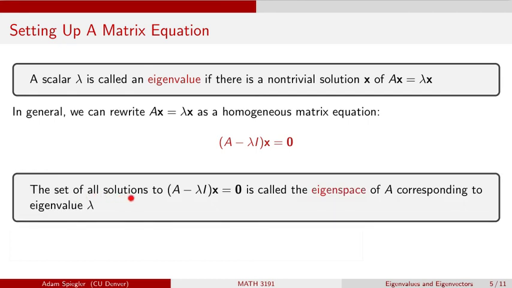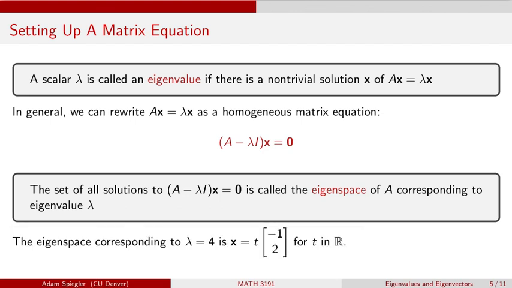So the set of all possible solutions, because we've seen that once we get one non-trivial solution, we have an infinite number of solutions, the set of all solutions to this matrix equation A minus lambda I times x equals the 0 vector, is called the eigenspace of matrix A corresponding to the eigenvalue lambda.